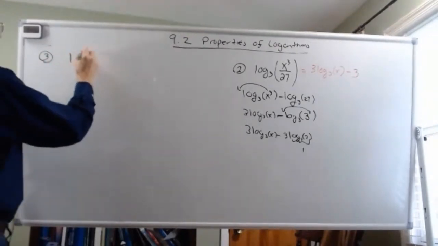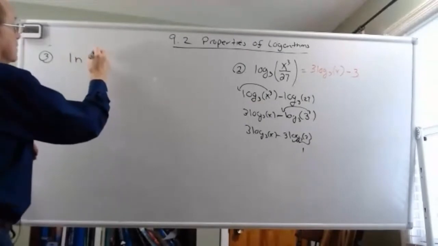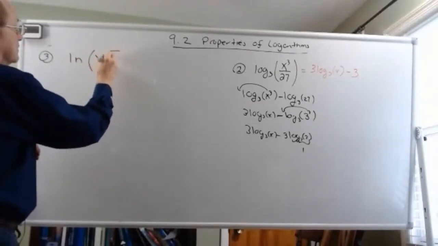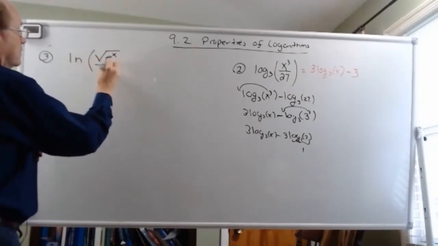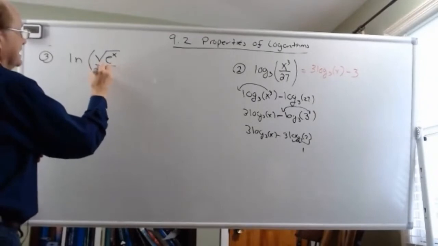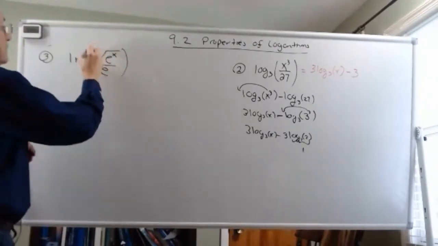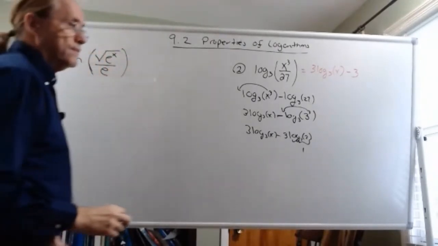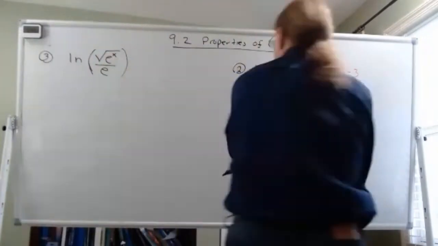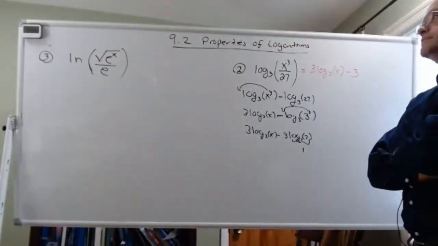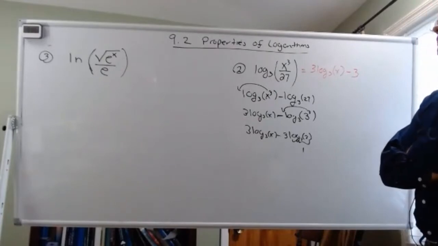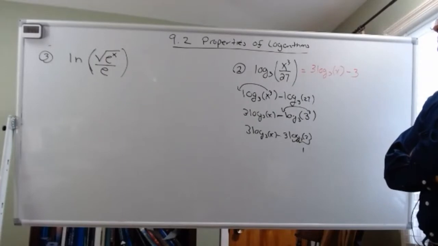That's the natural log of the square root of e to the x over e. Expand it out and simplify that.